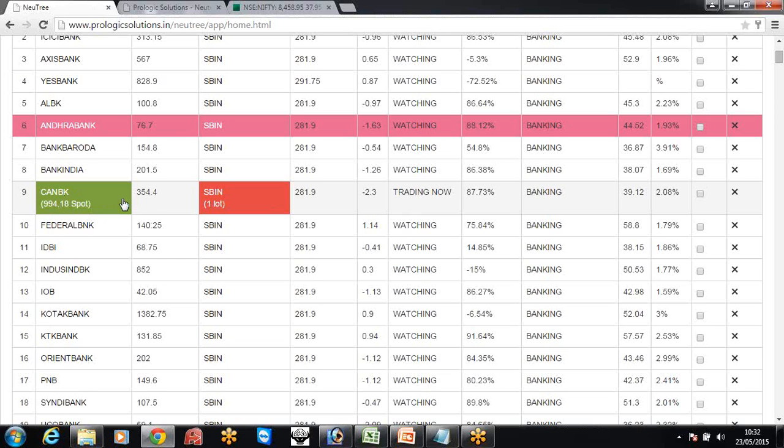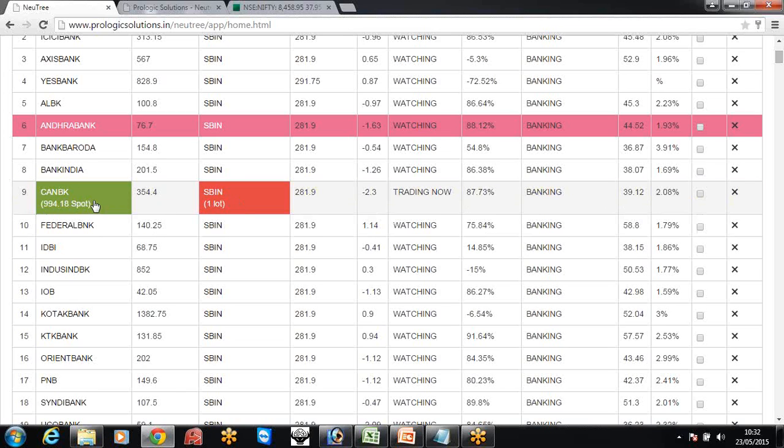Now to do this, Canara Bank's lot size is 1,000. So I'll not be able to buy one lot, because then my SBI will not be matching my Canara Bank's turnover. So what we do here is we will buy 994 shares in the spot market.